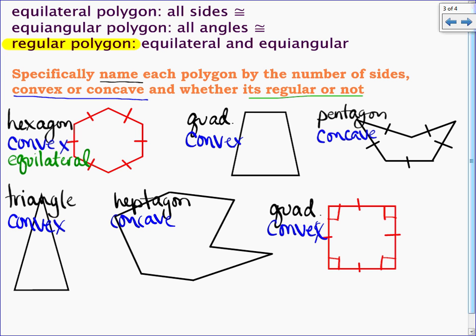Okay, what about this one? Does it have equal sides? No. Does it have equal angles? No. So none. This one. This one is also equilateral. Okay, rely on the picture. The picture is going to have marks on it telling you what is congruent and what isn't.